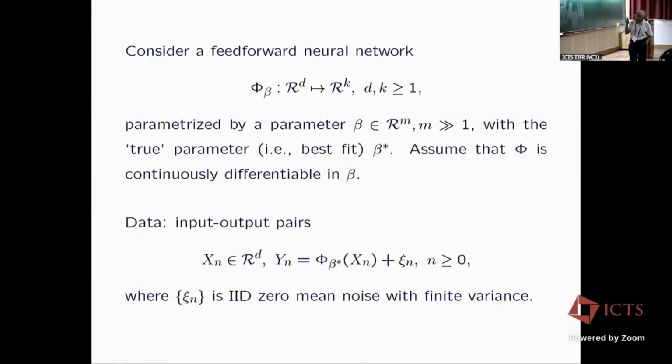So consider a feed-forward network which I just defined. And beta is this vector of individual betas. It's a big parameter vector. And suppose there's some optimal beta star which you are trying to learn. I'll assume, at least for this talk, and in general for my theory, that it's continuously differentiable in beta, which is not always true.